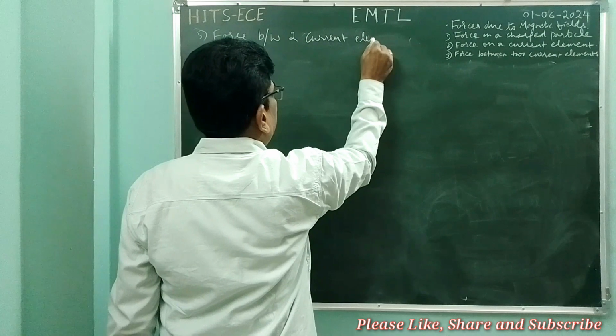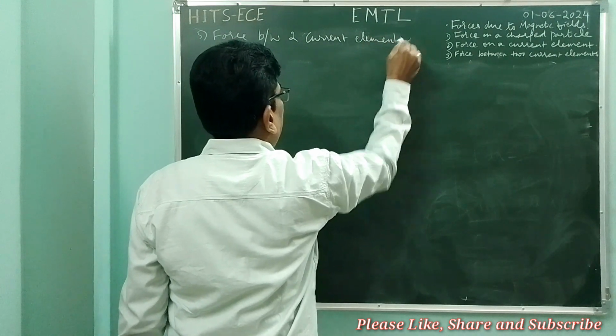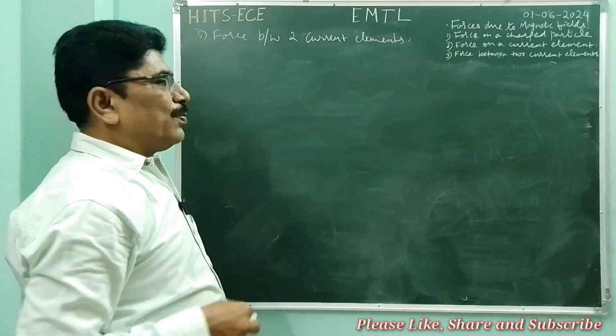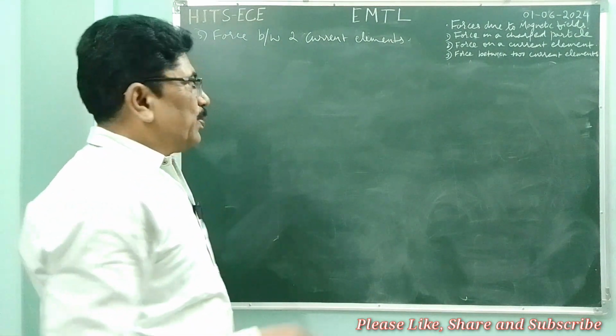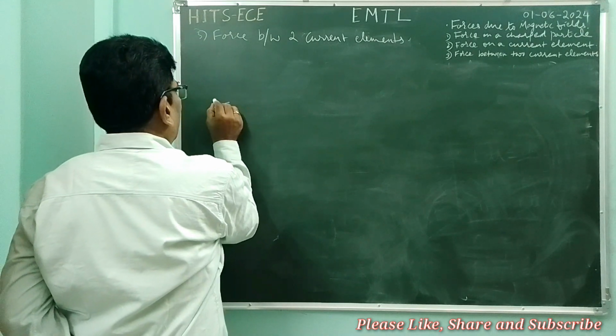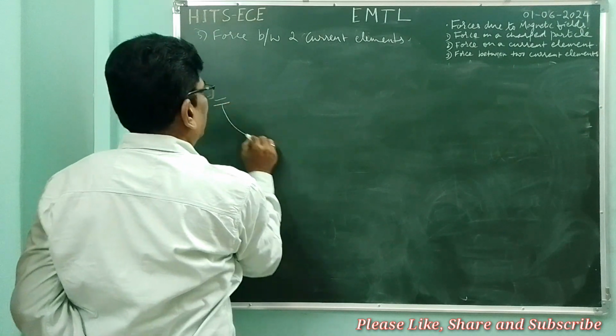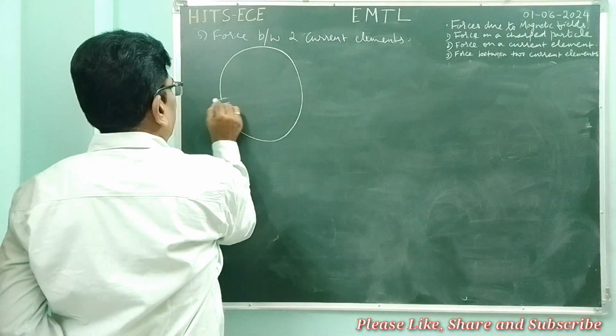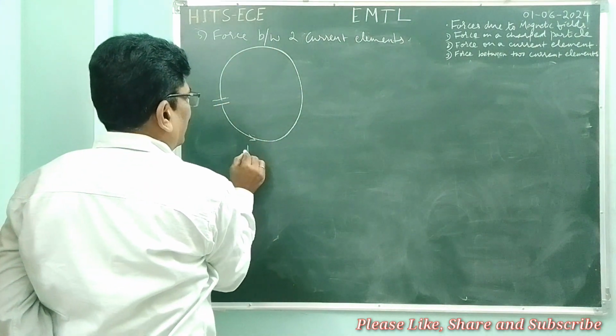A current element is nothing but I dl only. So I will take two loop currents. Let us take a battery which supplies current. Let this be a loop, and let this be the battery supplying current I1.